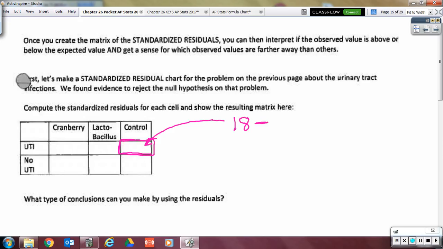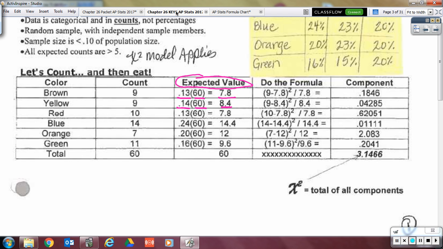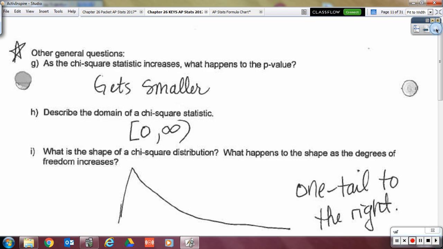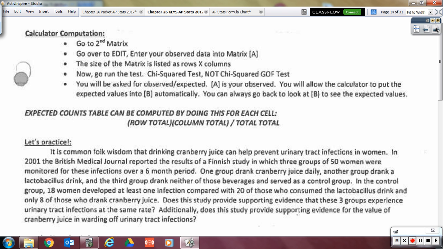How many did we say were expected when we did our expected matrix? 15.3. And then I put it over the square root of that expected number, and that is how you get that value right there. Then you would do that formula for each cell. I have that done so you don't have to waste your time doing all that math. It's more about interpretation than doing that simple computing.